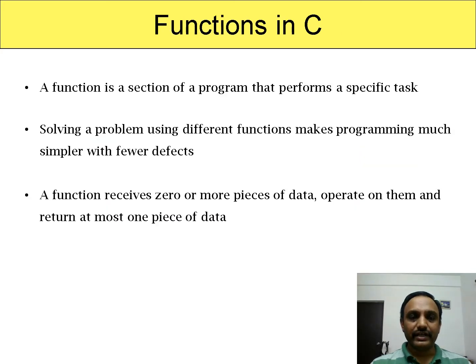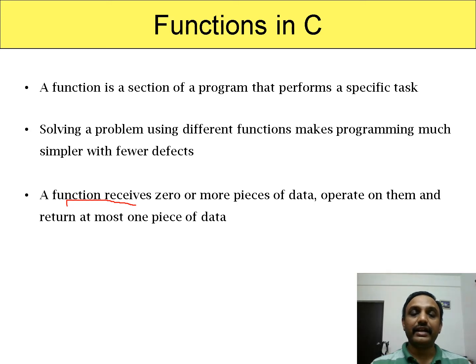As we have seen, a function is a section of a program that performs a specific task. Here you are writing functions. Those functions receive zero or more inputs or arguments and perform some operation on that data.